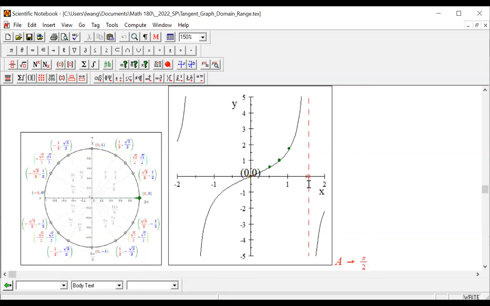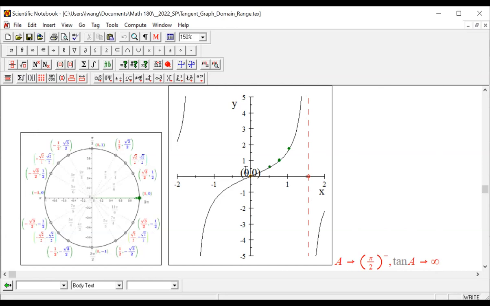You can approach pi over 2 from either direction, so we have to indicate which direction it approaches from. Because if approaching pi over 2 from larger than pi over 2, it is not going to be approaching positive infinity, it's approaching negative infinity. So here we have to specify from smaller than pi over 2, okay? And the ratio approaches infinity.